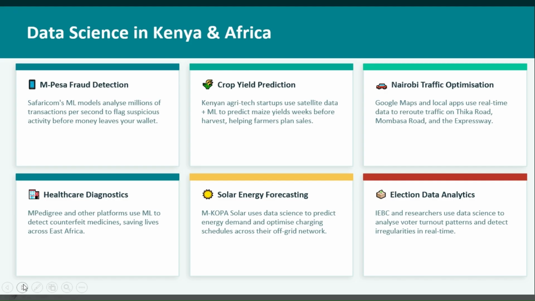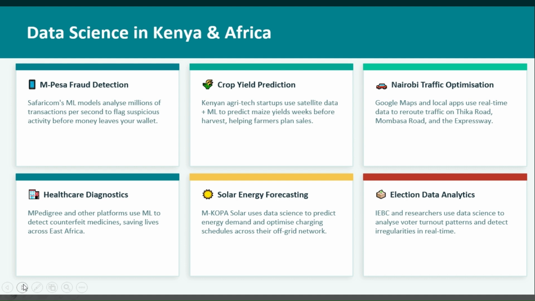So those are the use cases for data science, machine learning, and AI. We have already talked about M-Pesa fraud detection. In Africa, a lot of startups use satellite data and machine learning to predict crop yields weeks before harvest, helping farmers plan sales.